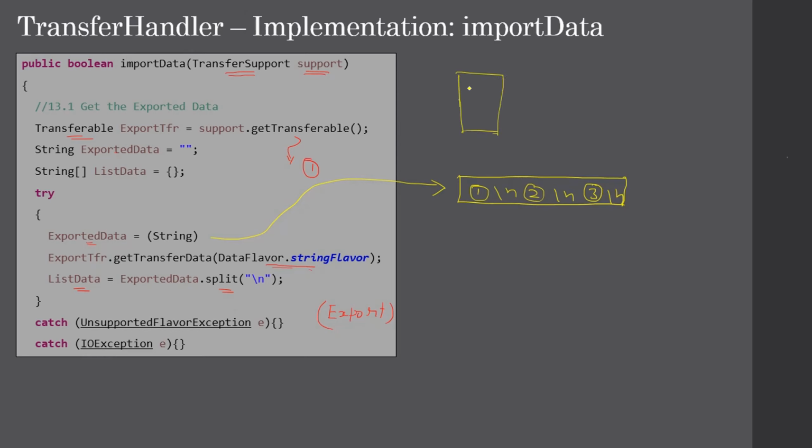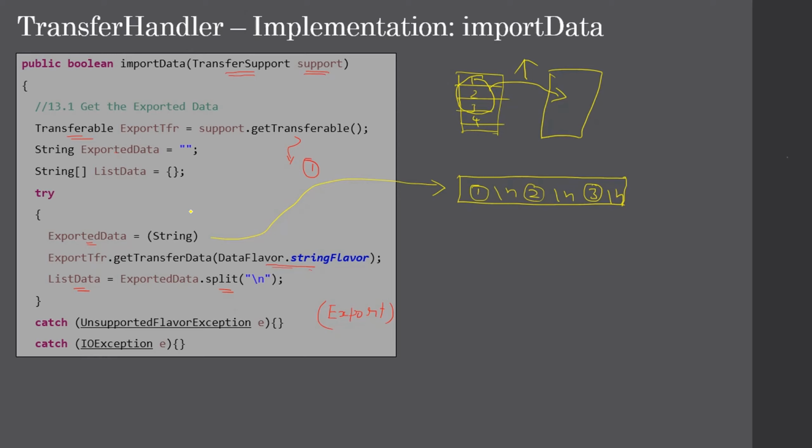And if we just selected this and dropped it here, our transferable object, we packed it like this. Now once we are dropping it here, this method gets called, and first we get the transferable object, getTransferable, and we store that as exported TFR, which is the transferable object.